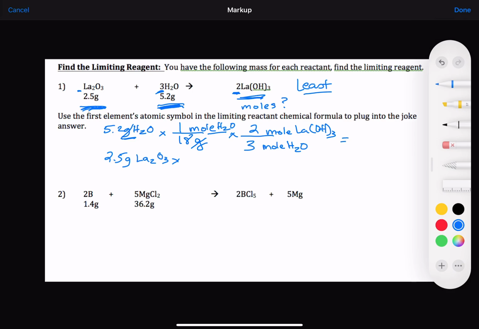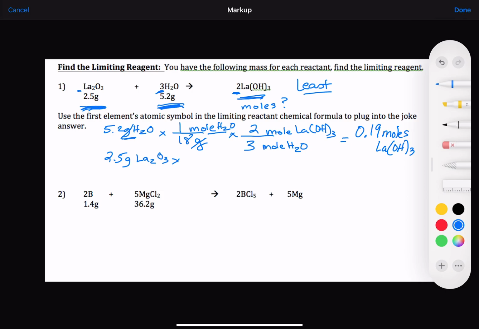So then we go to our calculator and we take 5.2 divided by 18 times 2 divided by 3. You get 0.19 moles. So if we were to use up all of the water, that means we have enough lithium oxide to react with all that water. We would get 0.19 moles.